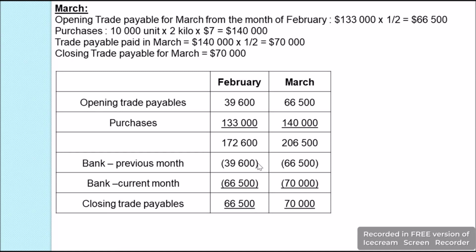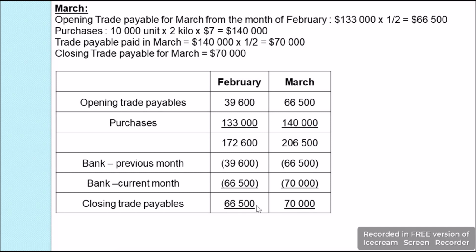From this we will subtract the trade payable which we have paid for the month of January, which was $39,600, and the trade payable which we have paid for the month of February, which was half of the total amount, and this was $66,500.